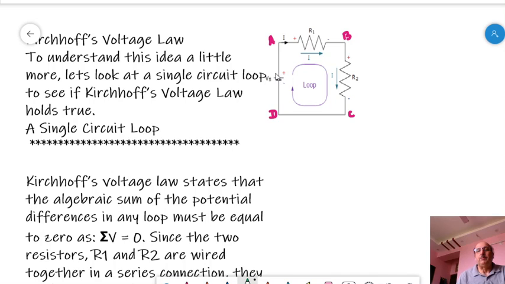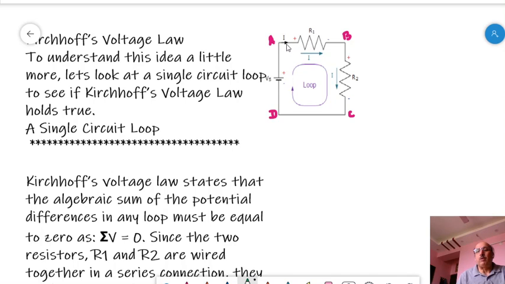In this loop, the current from the cell is I. This is the source cell. It is represented by Vs here, and the current is I. The first appliance is the resistance.